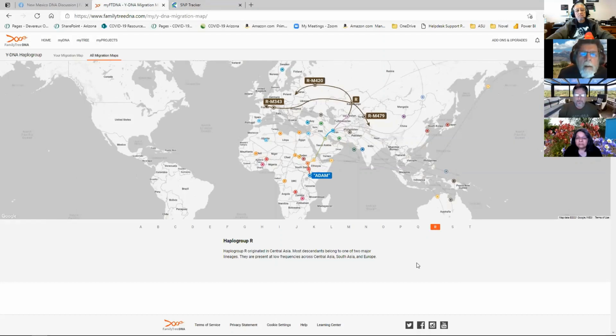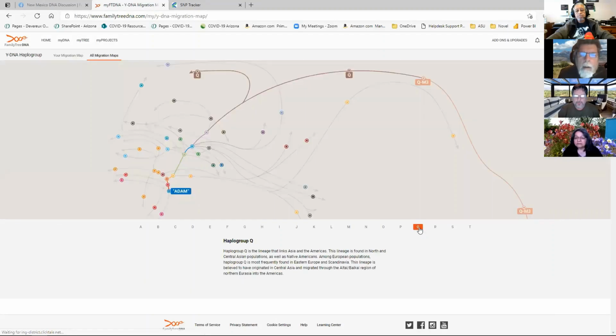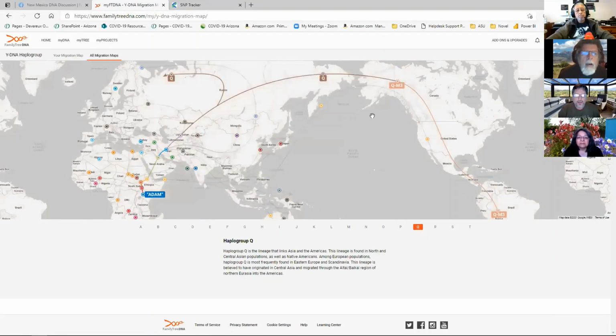Throw another one. Q. All right. There's Q. Now, this is interesting. You might have people from Russia that say they're Q, and you're like, wait a minute, I thought Q was Native American. Well, QM3 is Native American, but Q actually, as you can see, there was a split here.